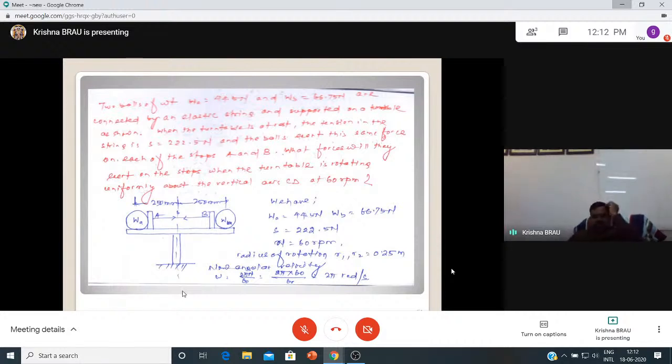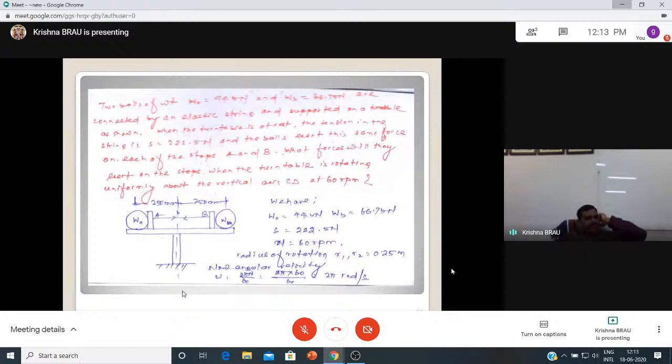When the turntable is rotating uniformly about the vertical axis CD at 60 rpm, revolutions per minute, the radius of the two balls from the center of the rotational axis is 250 mm. This is the given data.